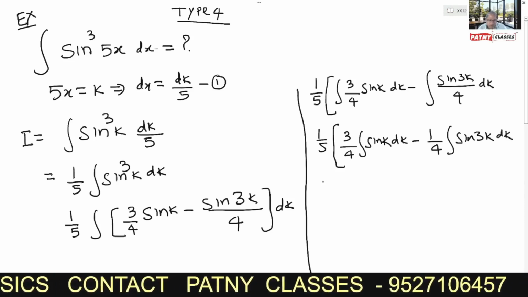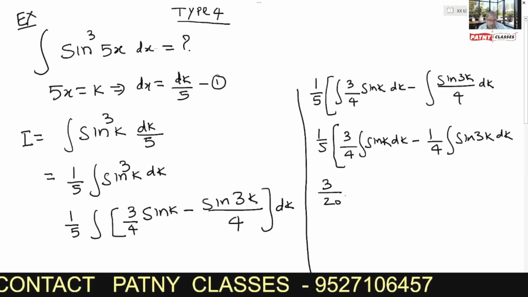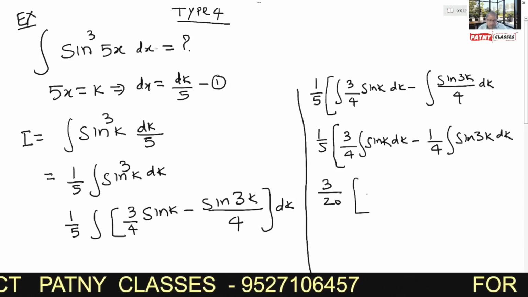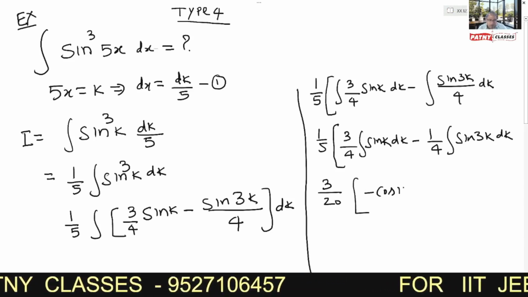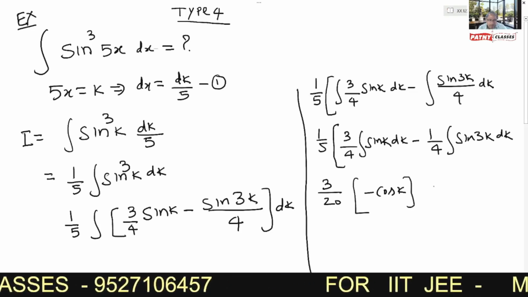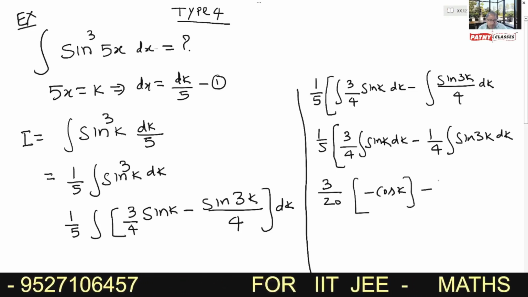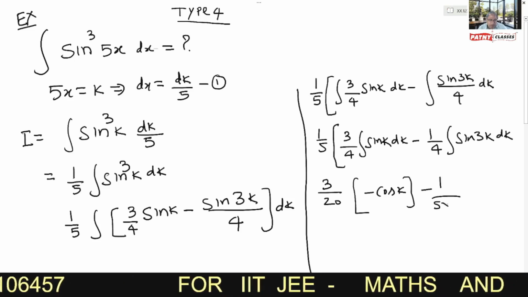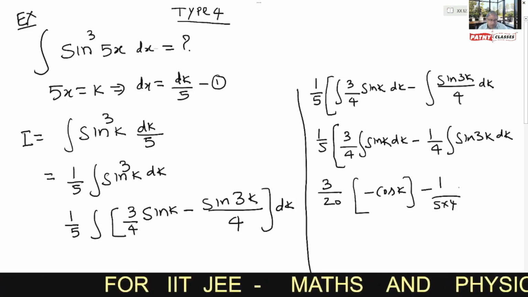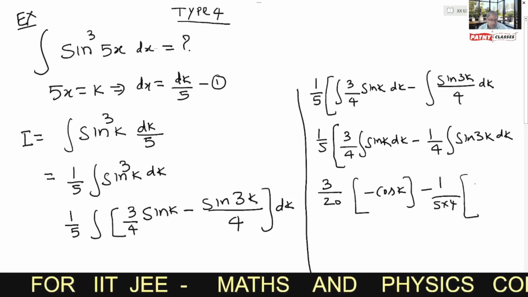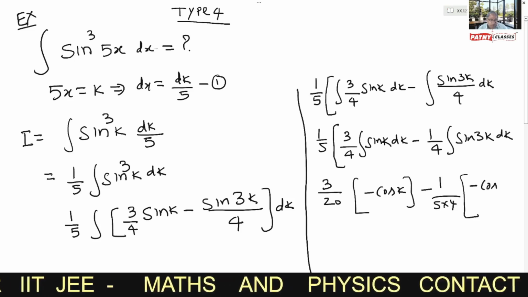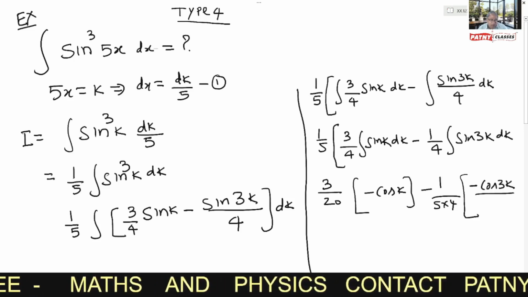So it becomes 3 upon 20. Integration of sin k is nothing but minus cos k, and minus 1 upon 5 into 4. Integration of sin 3k becomes minus cos 3k upon 3.